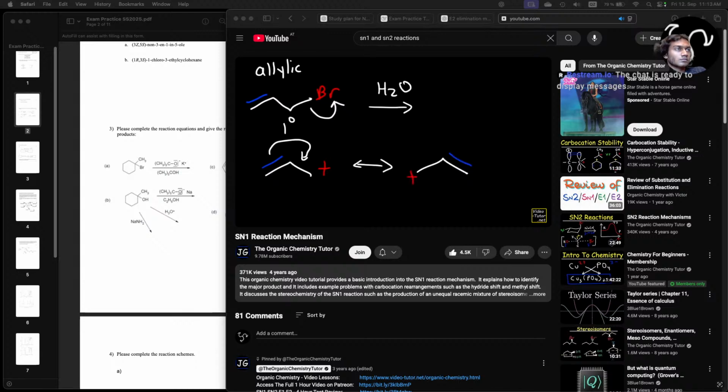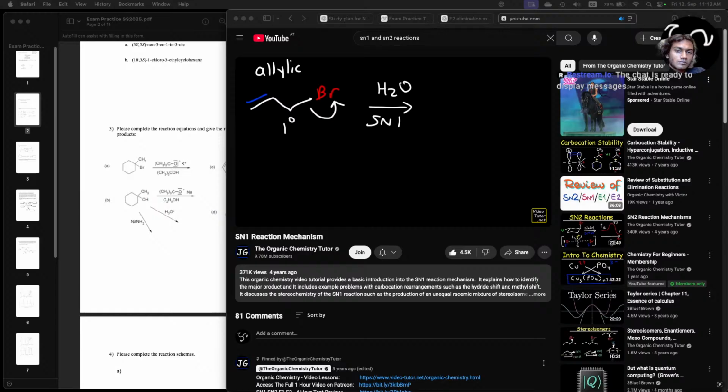The key to whether the SN1 reaction is going to occur comes down to the stability of the carbocation. If we can't form a stable carbocation, the SN1 reaction is not going to work. If we can, then it will work. So for the allylic alkyl halide, because we can form a stable primary allylic carbocation, the SN1 reaction can work for this example.